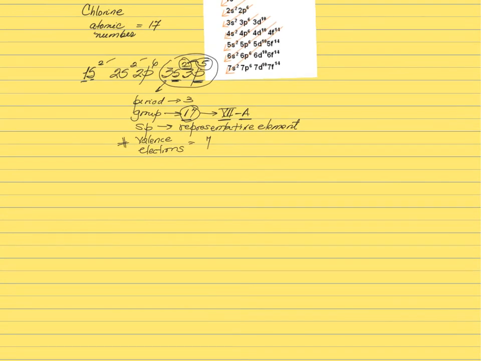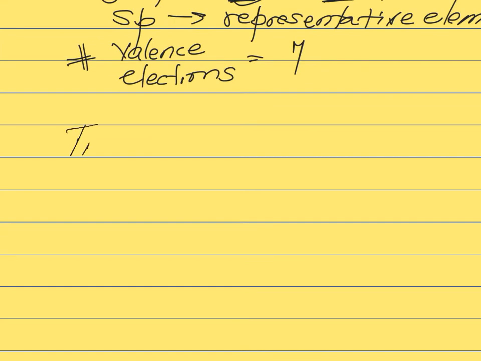For example, let me see, 22, titanium. Let me put that over here. Titanium, atomic number equal to 22. So I'm going to start my first level, 2 electrons with 1 orbital.